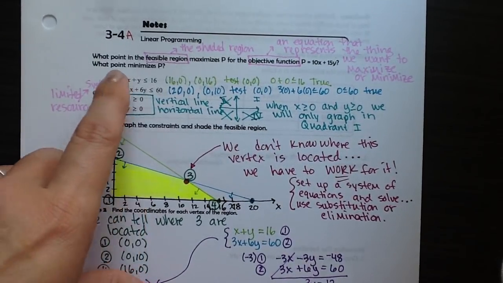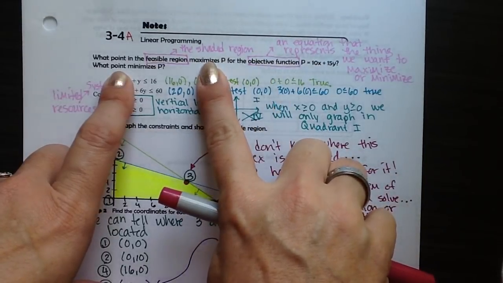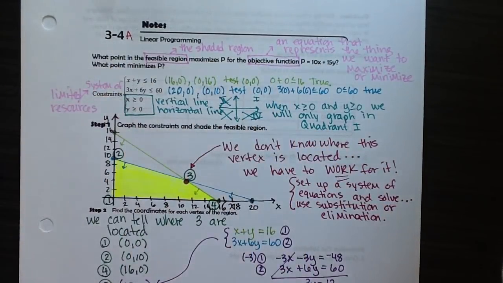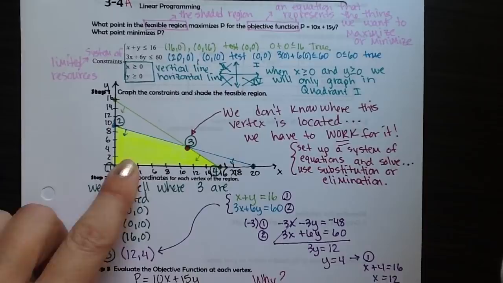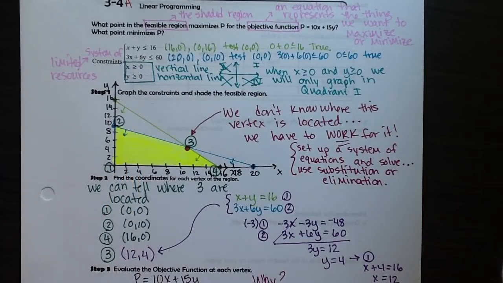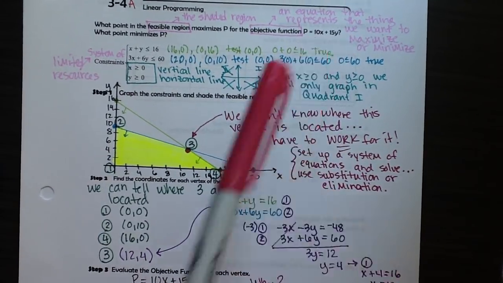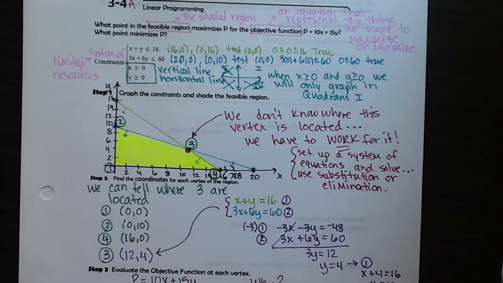But what we're looking for is the one that maximizes or minimizes our objective function. So we could plug in a million different ordered pairs and then choose the one that's the highest for the maximum and the lowest for the minimum. But we don't have to do that.